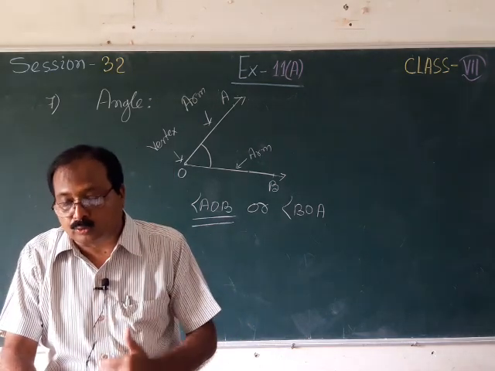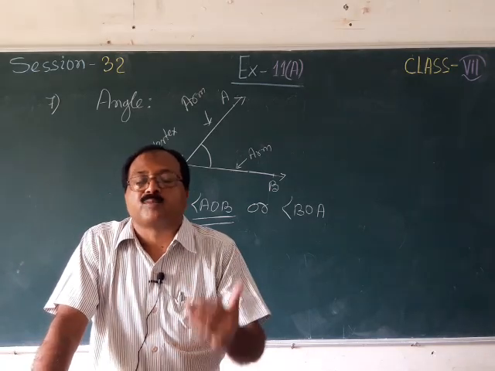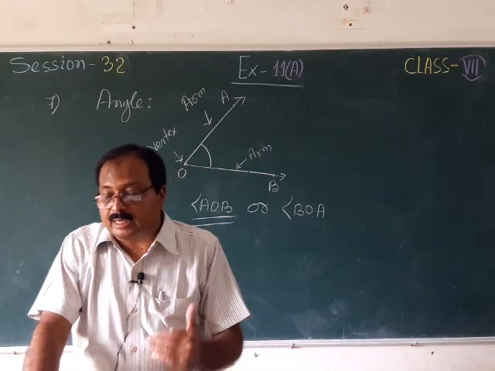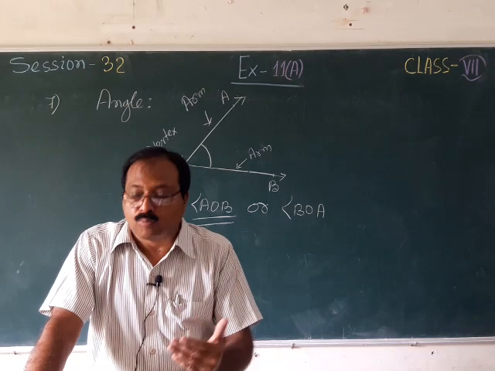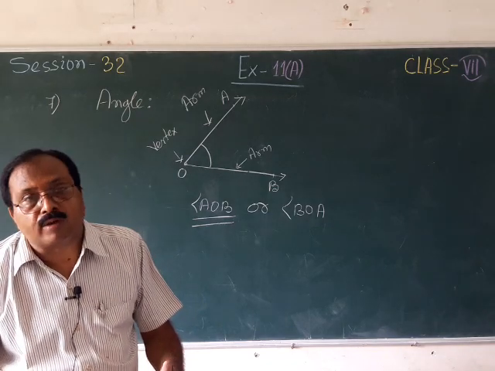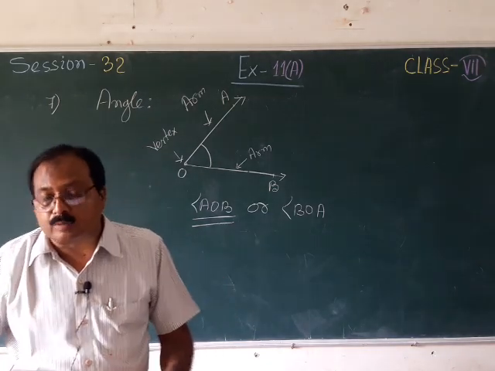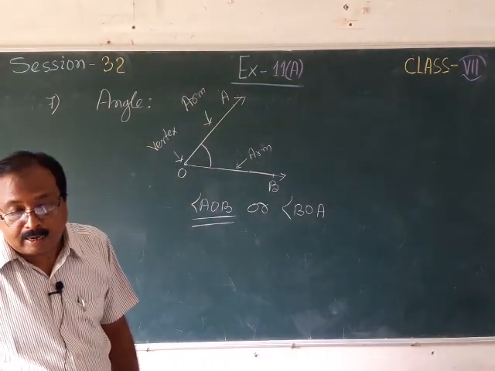Then a straight angle, an angle whose measure is exactly 180 degree. Then reflex angle, an angle whose measure is more than 180 degree but less than 360 degree. And the complete angle, an angle whose measure is 360 degree.